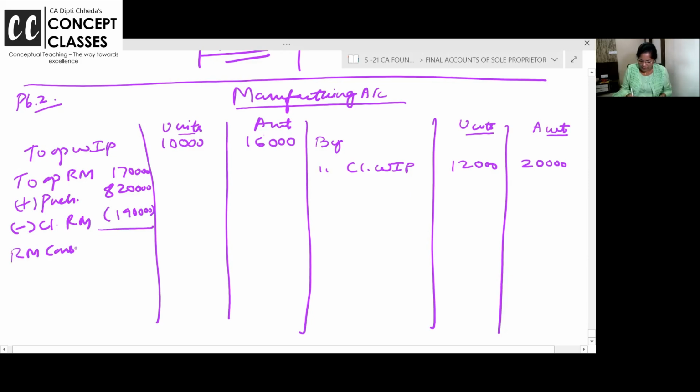Raw material consumed. 170 plus 820. Opening raw material plus raw material purchase minus closing is raw material consumed. 8 lakh.